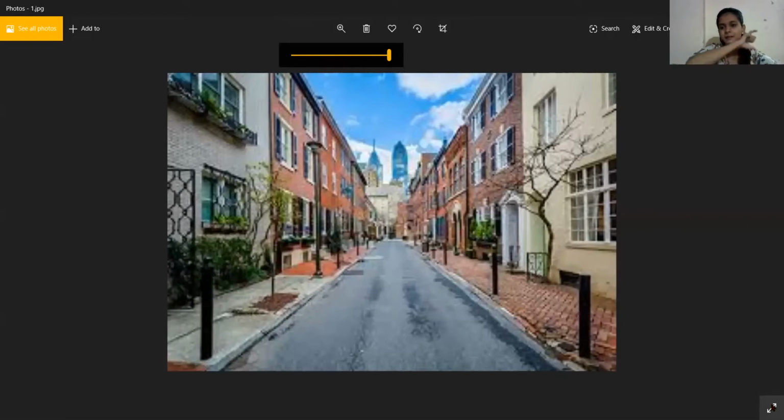Suppose there is a considerable length of houses, and you can see that not even houses, even the road is also going to meet at one point. So this is the 1-point perspective view. If you are walking in a street and looking lengthwise, then it's a 1-point perspective view.